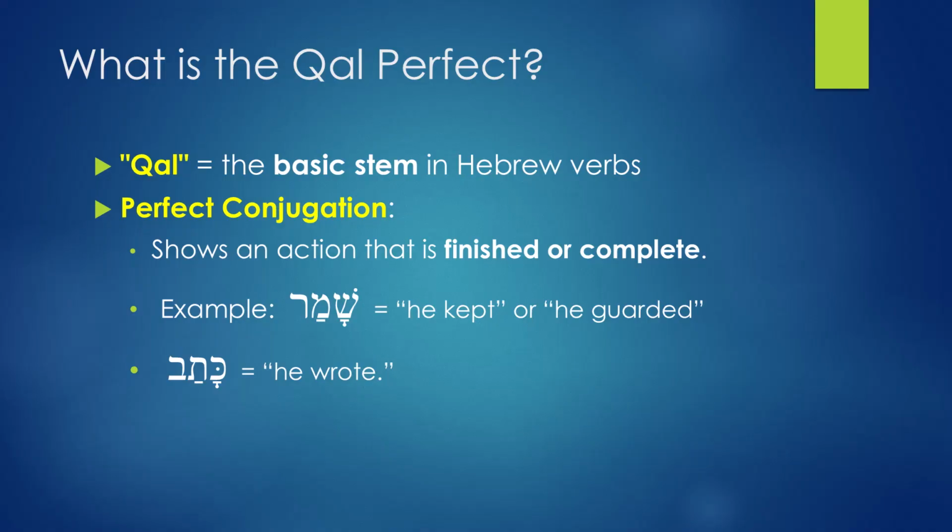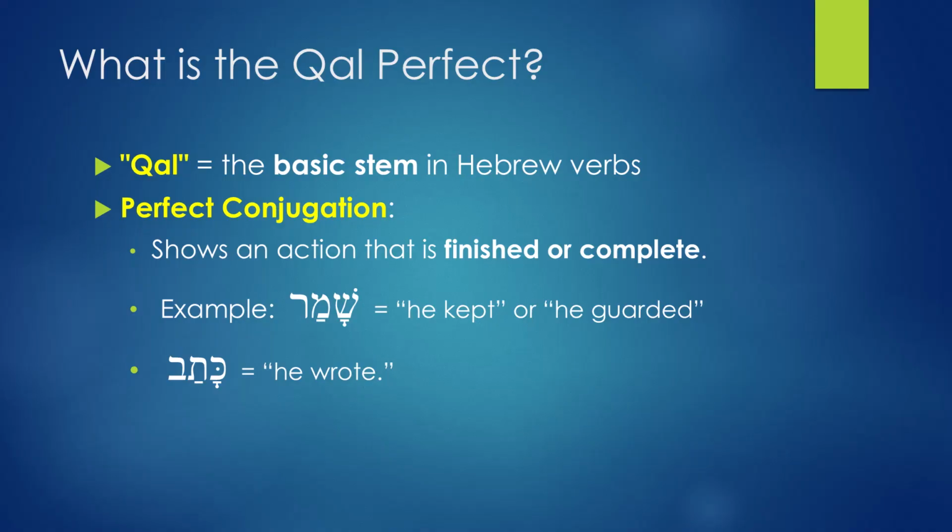So you can see they're translated as past action because perfect conjugation presents a finished or completed action. And just a footnote here that verbs that you master on the vocabulary chart are found in the Qal perfect. And that's why you translate them as he did this. For example, he kept, he guarded, he wrote, he walked, because they're found in the Qal perfect.